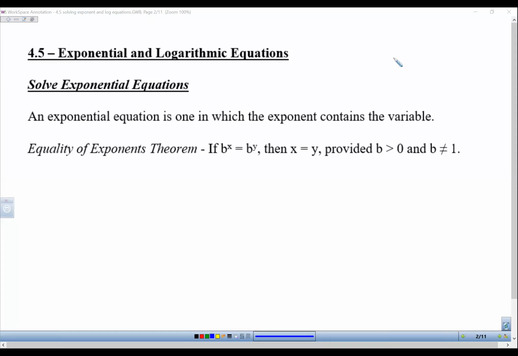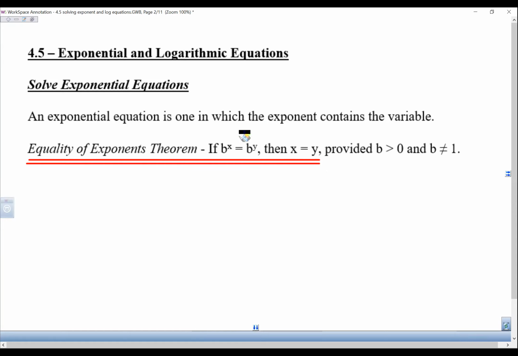The first theorem or property you need to know is the equality of exponents theorem, which we've used already. Basically, it says if you have two values with an exponent and the bases are the same, so you can see here we have b to the x equals b to the y, both of them have a base of b.